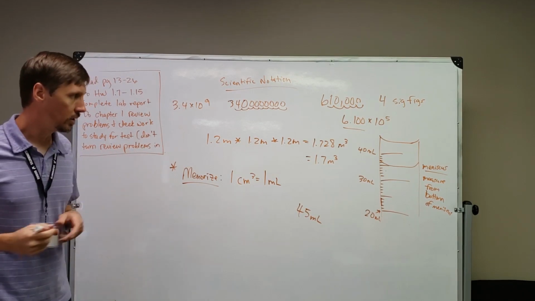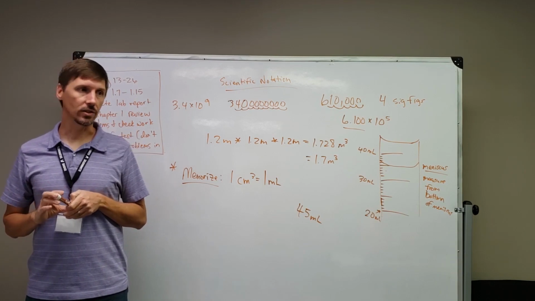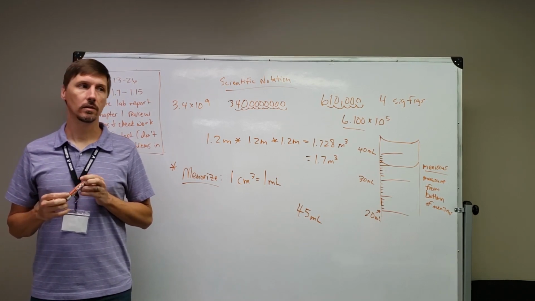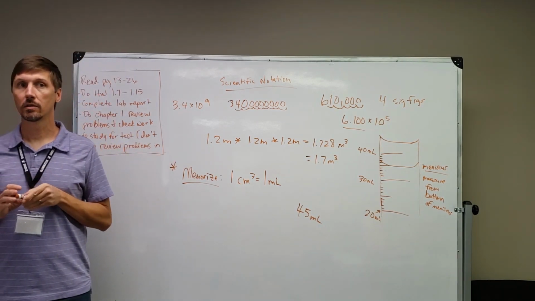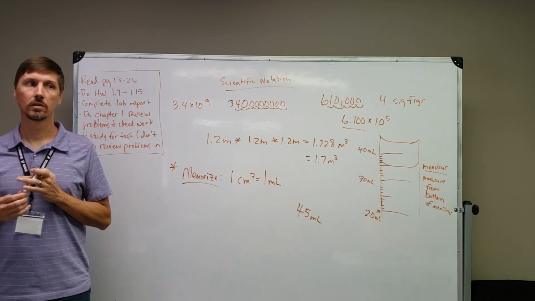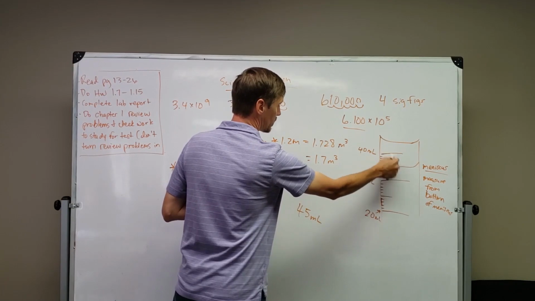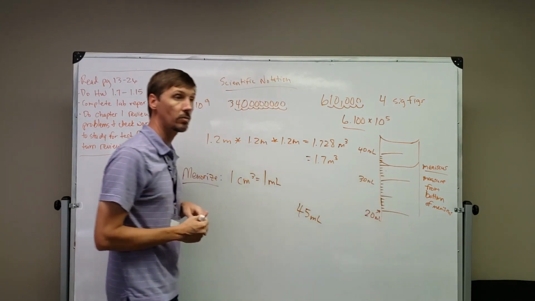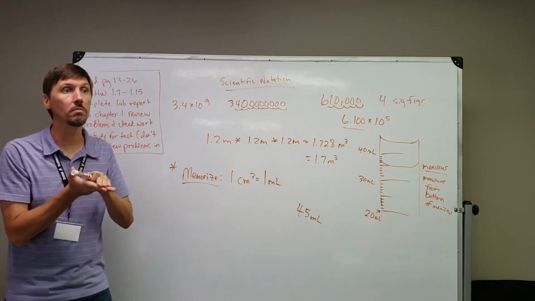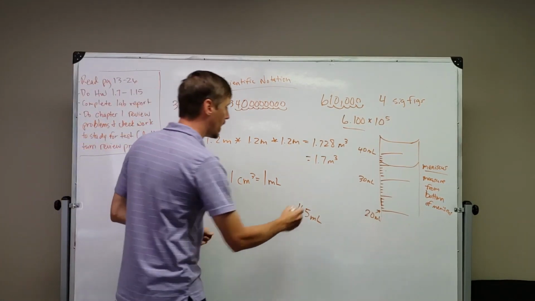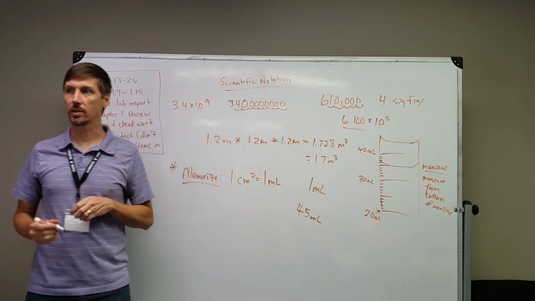Now here's my other question. Our device is precise to what? Each individual tick mark on this drawing represents how many milliliters? 10? No, each individual tick mark. This big one's 10, but we've got little ones in between that represent 1 milliliter. So the smallest division with these tick marks is 1 milliliter. So our device is precise to 1 milliliter. Did I write down my measurement of 45 milliliters correctly?